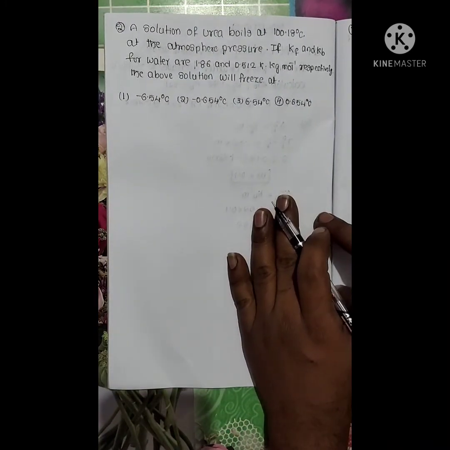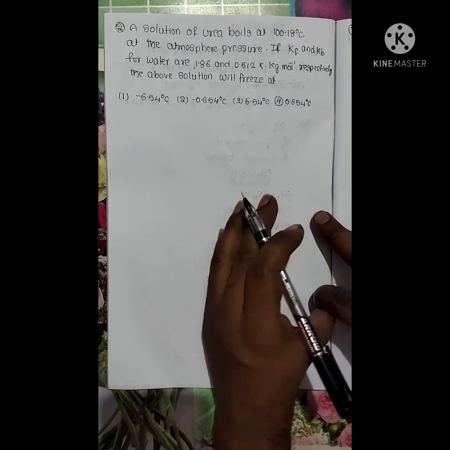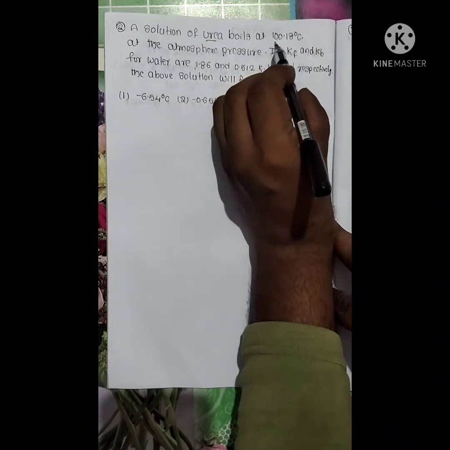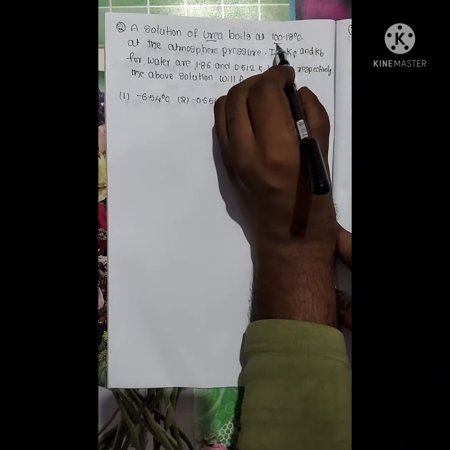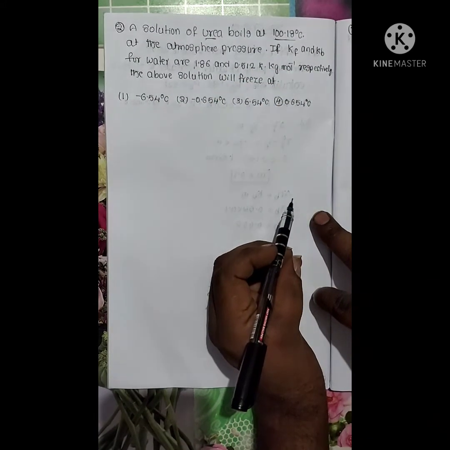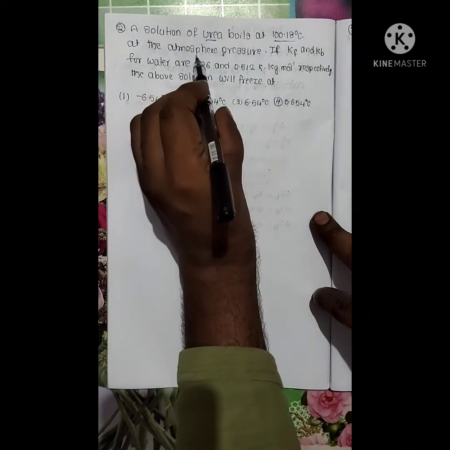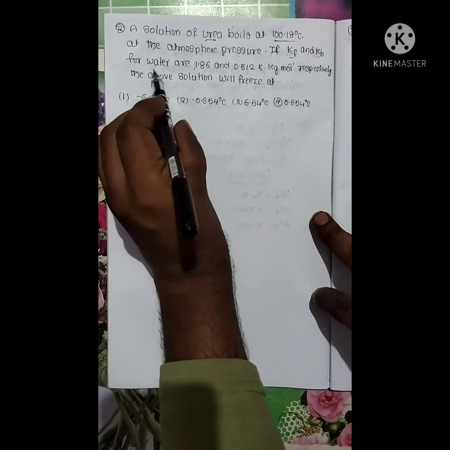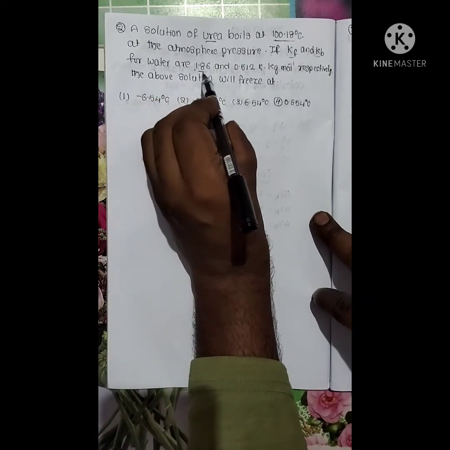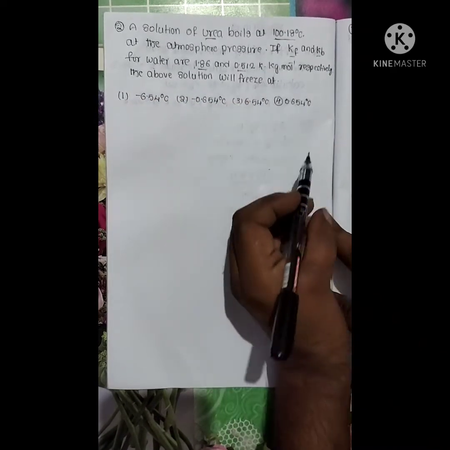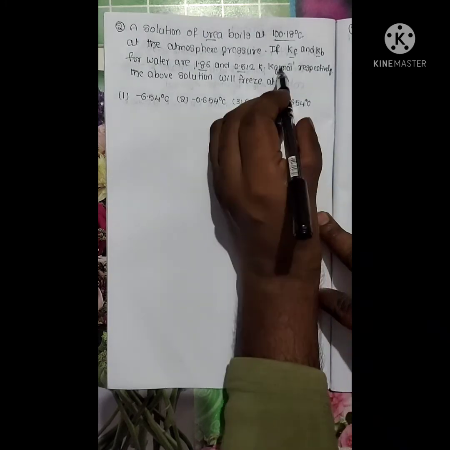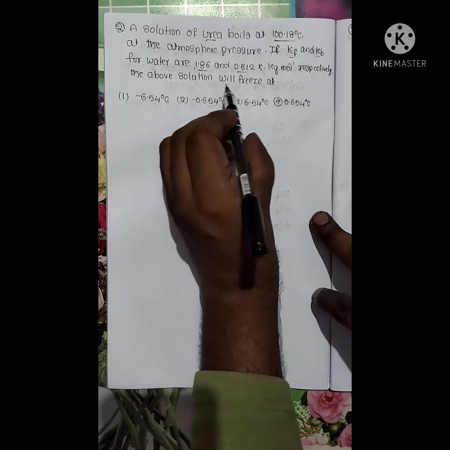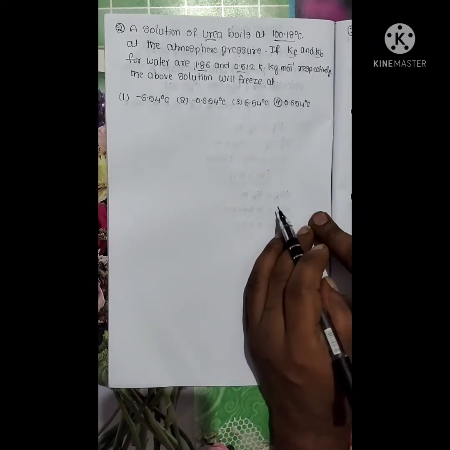Another important model, same related. A solution of urea boils at 100.18 degrees centigrade at atmospheric pressure. If Kf and Kb for water are 1.86 and 0.512 Kelvin kg per mole respectively, the above solution will freeze at what temperature?